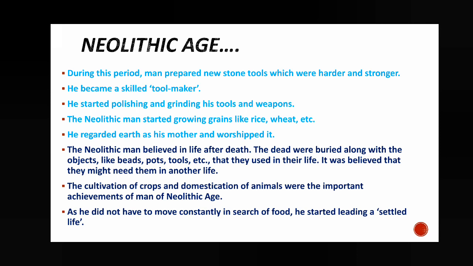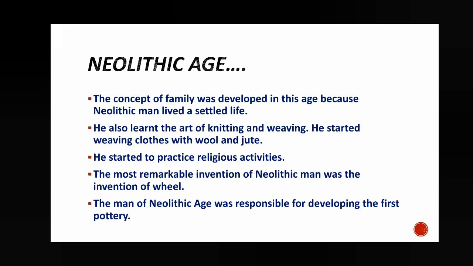That means permanent settlement, permanent houses. And when they started to live a settled life, gradually the concept of family was developed. So when you start to live a settled life, you will see the thinking of family develop. So in which age was the concept of family developed? In the New Stone Age or Neolithic Age.